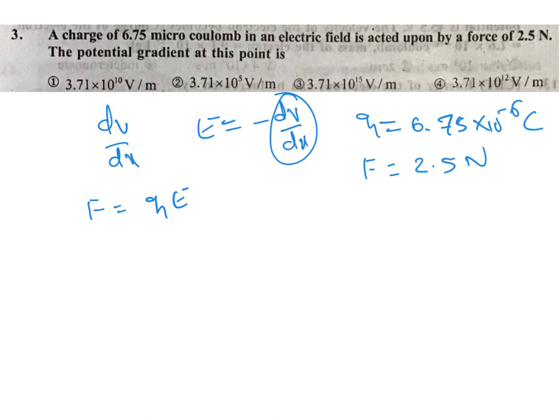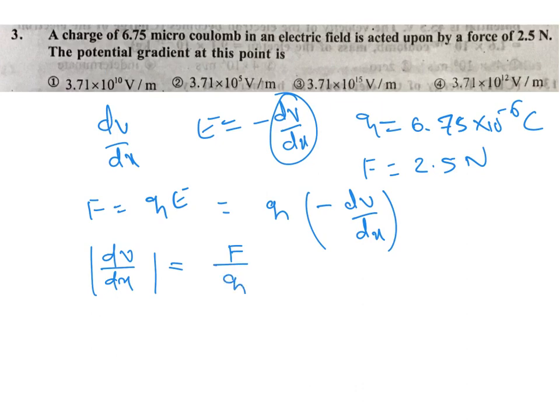So instead of E, I can take minus dV by dx here. Now I need to calculate the value of dV by dx. Let me take the magnitude of that. Okay, so that is what?